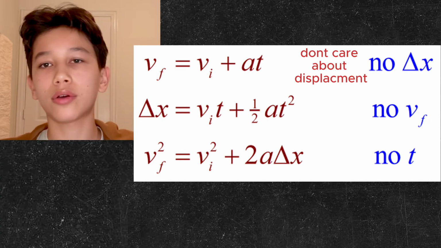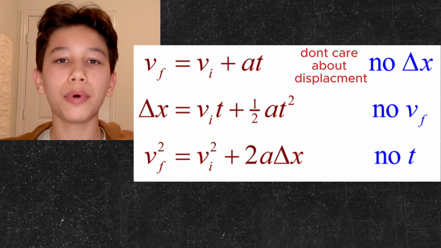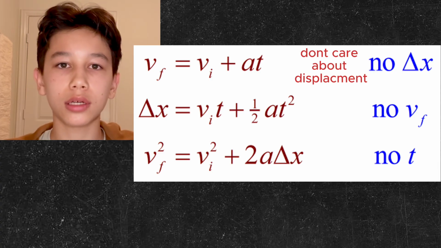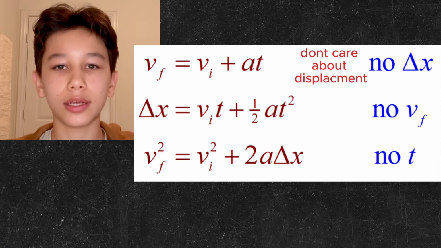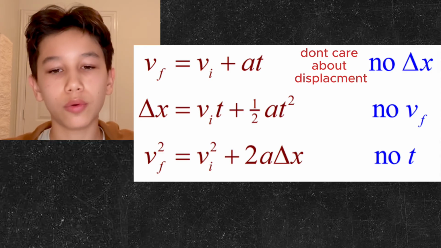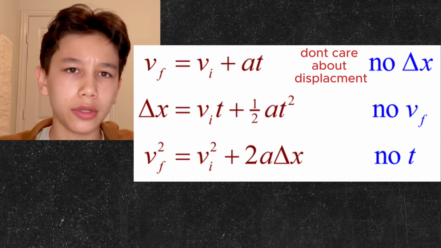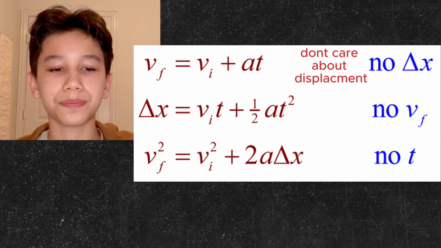That makes sense if you're going at a constant velocity. But when you're accelerating, you need the added 1/2 at squared term to account for the increased distance from accelerating. So you really want to use this equation when you only care about the displacement, but you don't care about the final velocity.